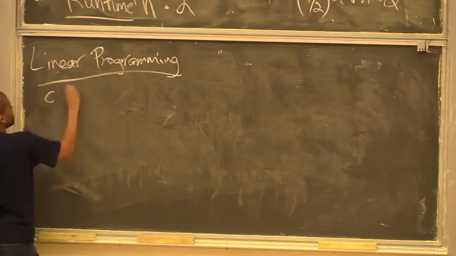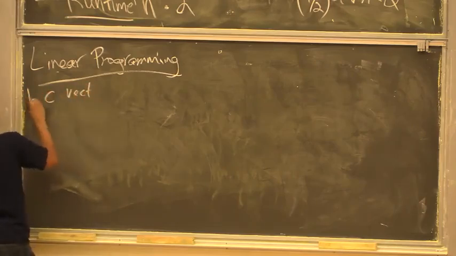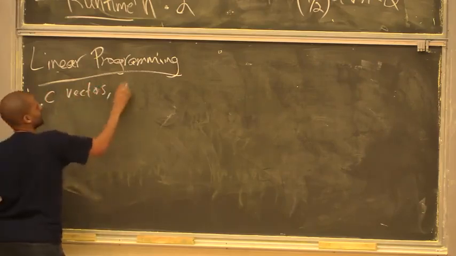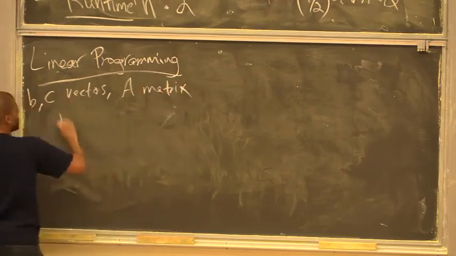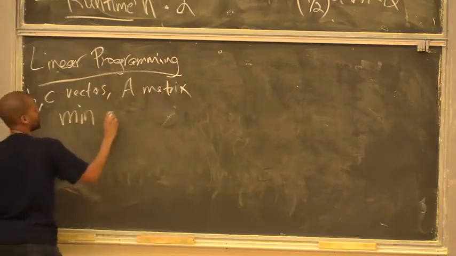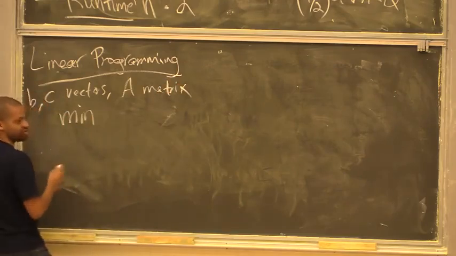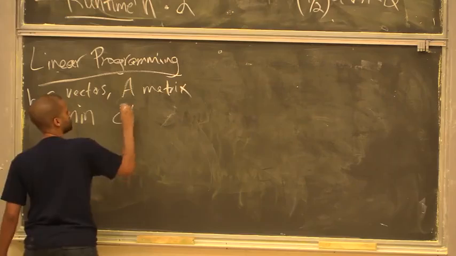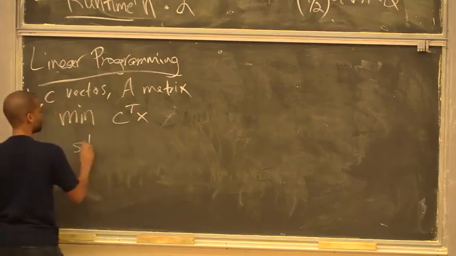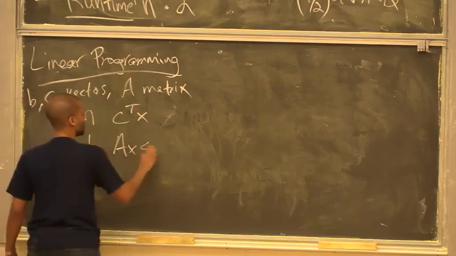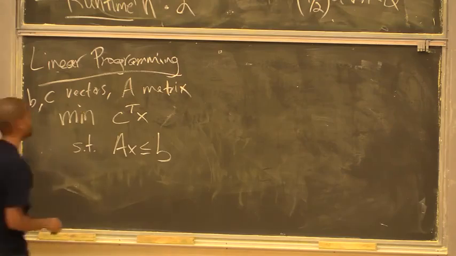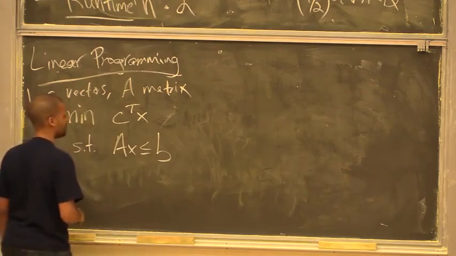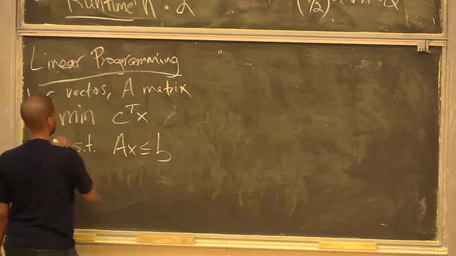Let's say c is a vector, b and c are vectors, A is a matrix. Minimize, and I'll make this less abstract very soon, minimize c transpose x, subject to the constraint that Ax is at most b.